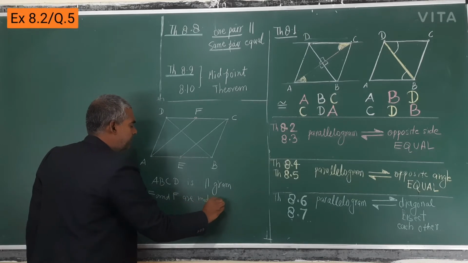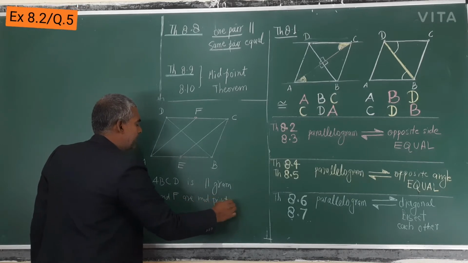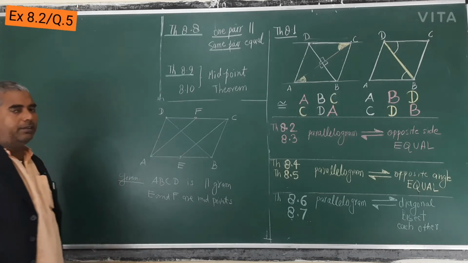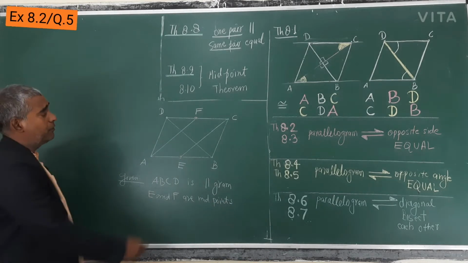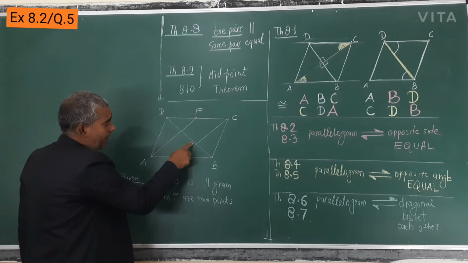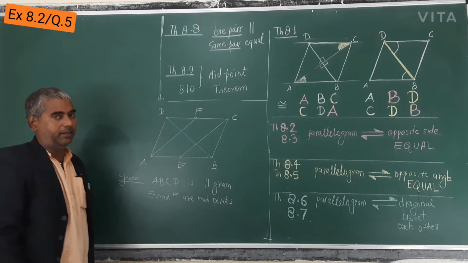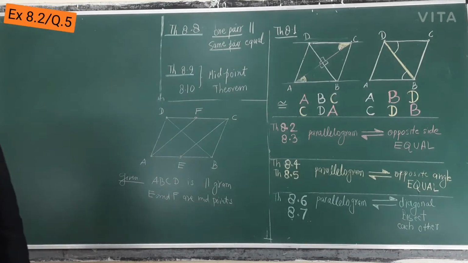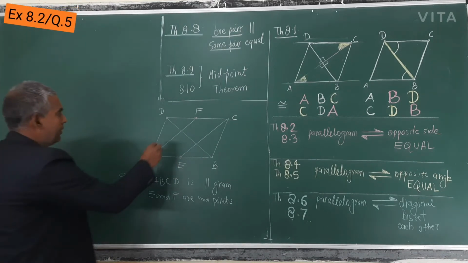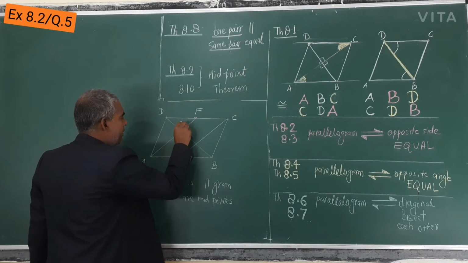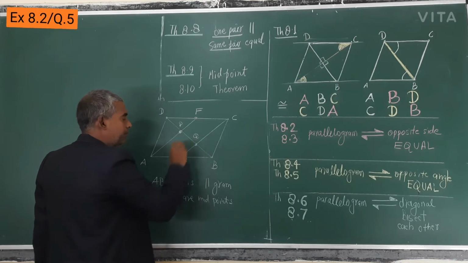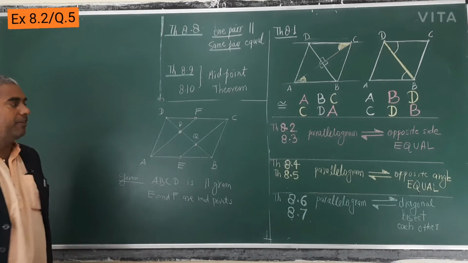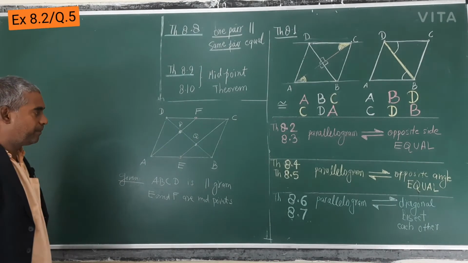That's enough. And the rest everything is visible in the figure. And you have to prove the diagonal is trisected. And the points given are P and Q. This is point P and this is Q. So it appears to be a complicated figure, but it's not so complicated.